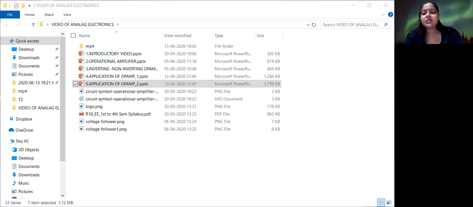This is the diagram of the integrator circuit, right? Here we can see a 741 IC, an inverting op-amp, where we have an input voltage with an input resistance. But the new thing is, in place of the feedback resistance, we have a capacitor.